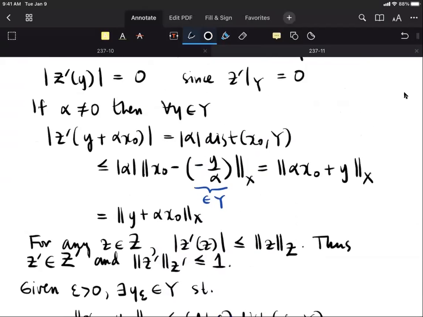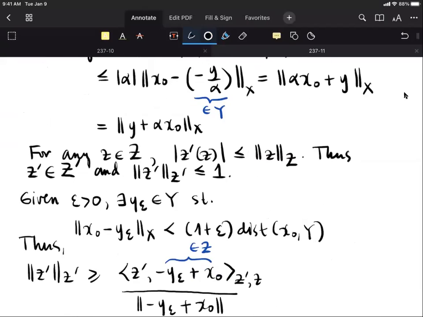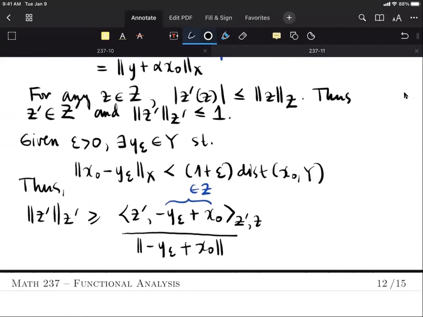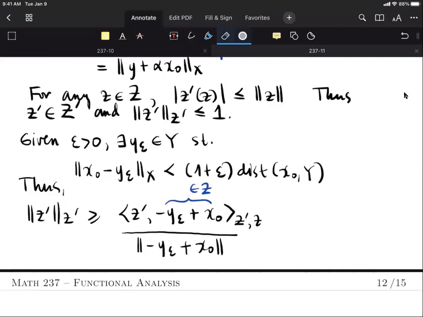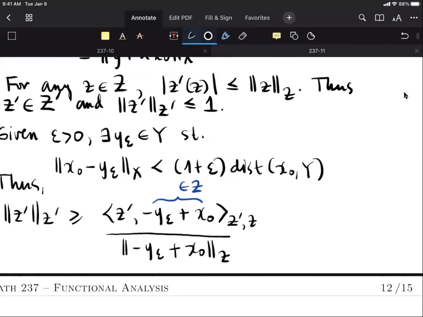By the way, here the norm of Z is also the norm of X. So let us note that one.